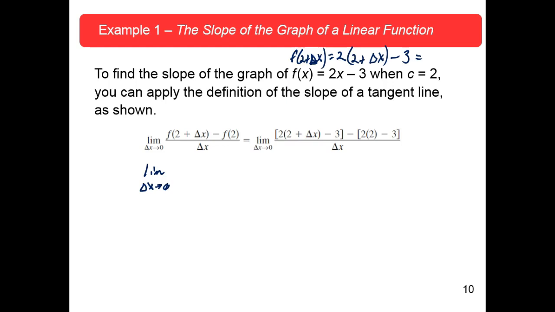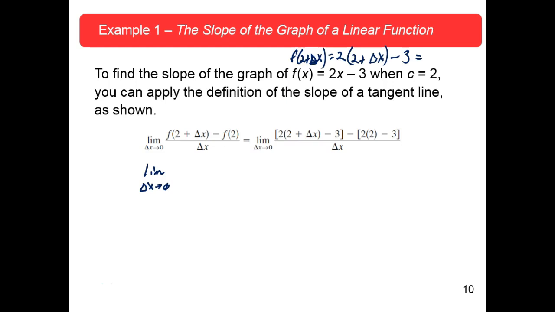So it'll be 2 times what's inside here, 2 plus delta x, minus 3. That's why I said there's too many 2's here. I wish they'd have chosen something other than 2, like 4, or 7, or 18. But you're plugging in 2 plus delta x everywhere you see an x here.